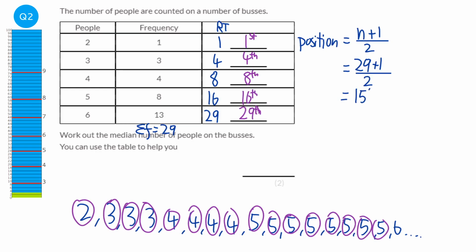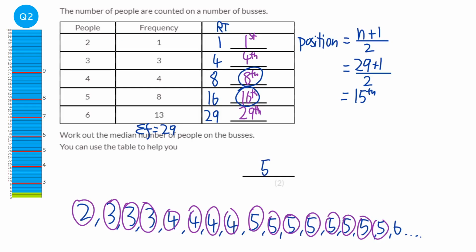So we're looking for the 15th number. Looking down our running total list, the last number that's a 4 is the 8th number, so we haven't got to the 15th number yet. And the last number that's a 5 is the 16th number. So if the last 5 is the 16th number, then surely the 15th must also be a 5. And so our median is 5.